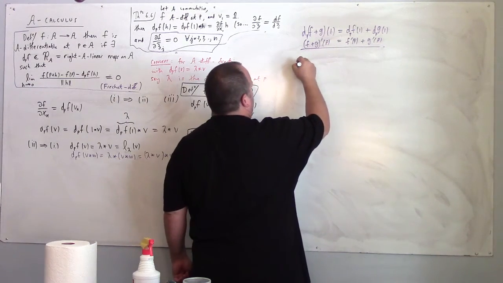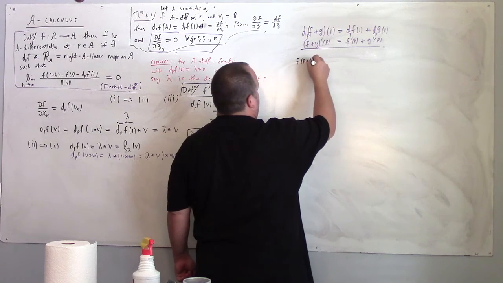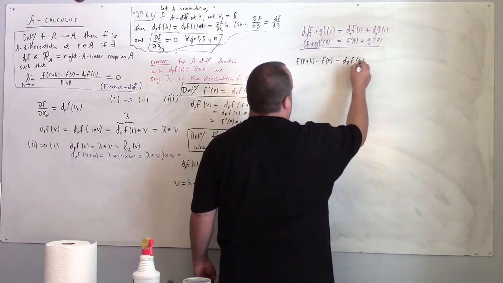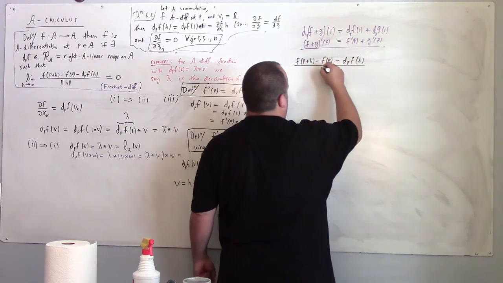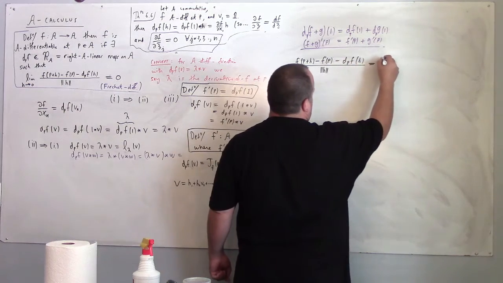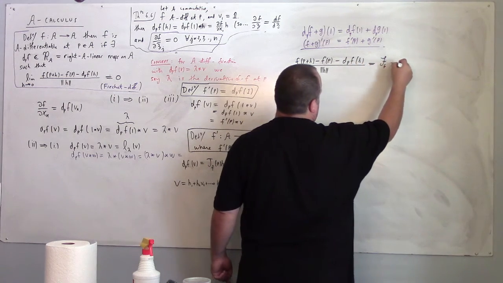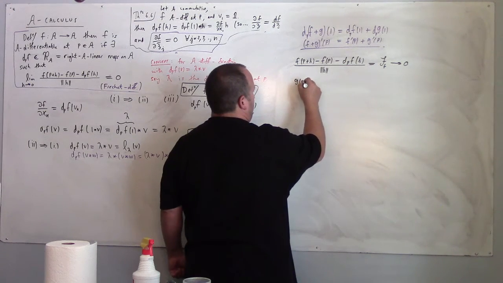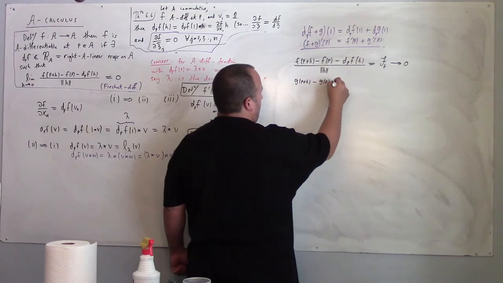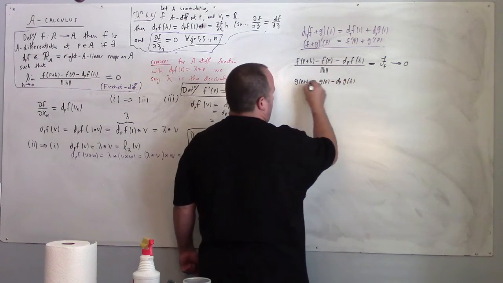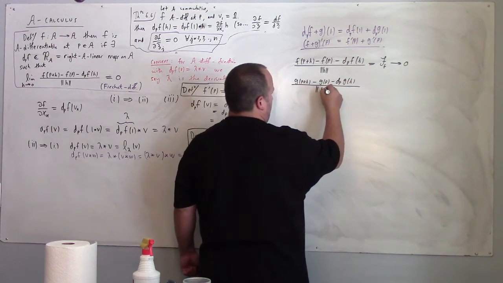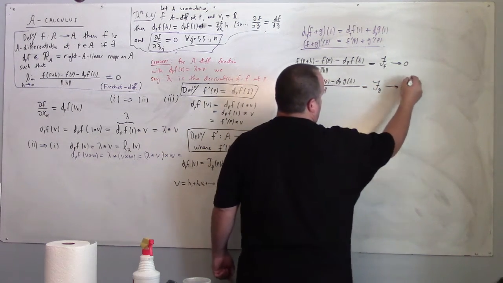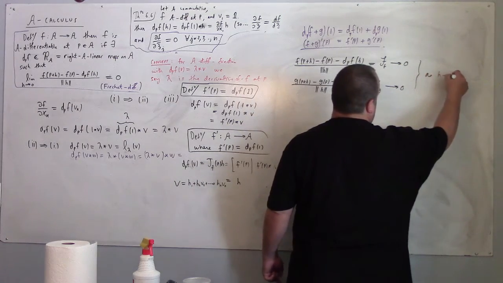I know that f of p plus h minus f of p minus dpf of h, over the norm of h, let's call that the Frechet quotient of f. I know that that goes to 0. And likewise, I know that g of p plus h minus g of p minus dpg of h, divided by the norm of h, let's call that the Frechet quotient of g. I know that that goes to 0 as h goes to 0.